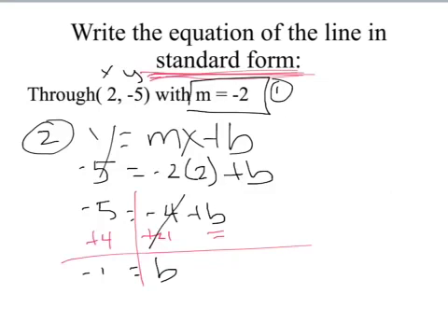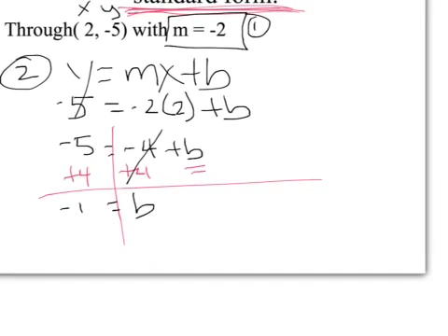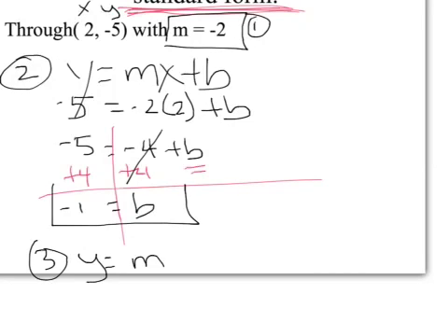So then I'm going to go ahead and take my slope and my y-intercept, write it into y equals mx plus b. So y equals, my slope is a -2, plus my b is a -1.